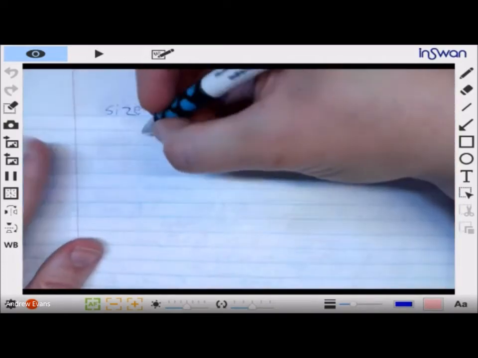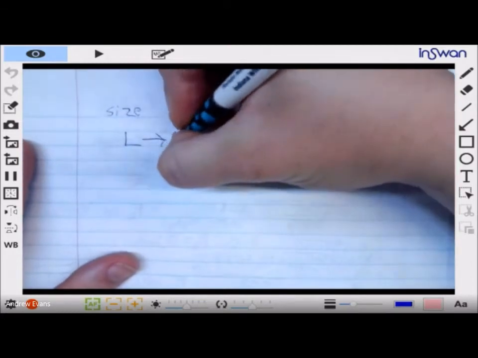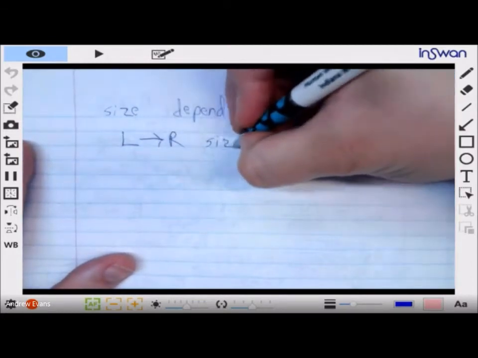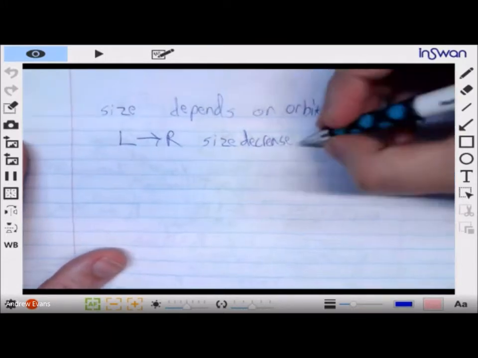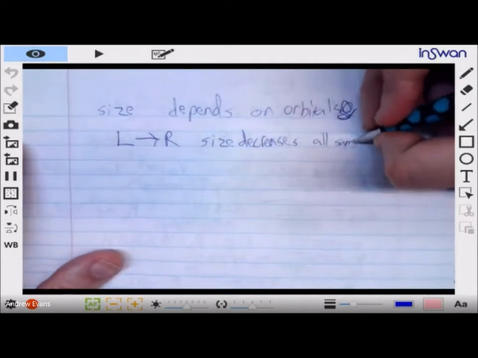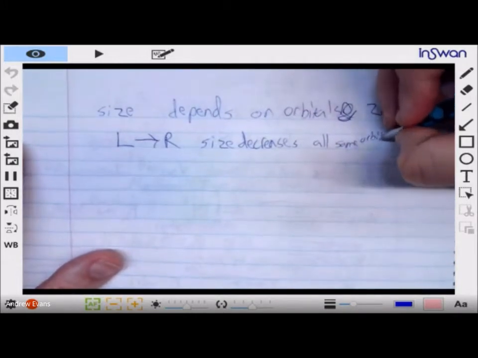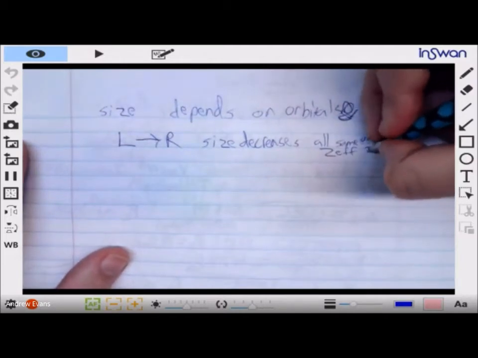So typically, as you move from left to right, size decreases. Size decreases because it's all the same orbital, but Z effective goes up.